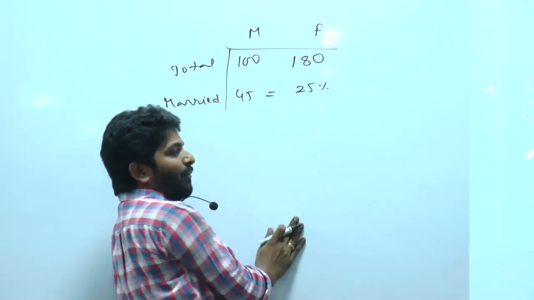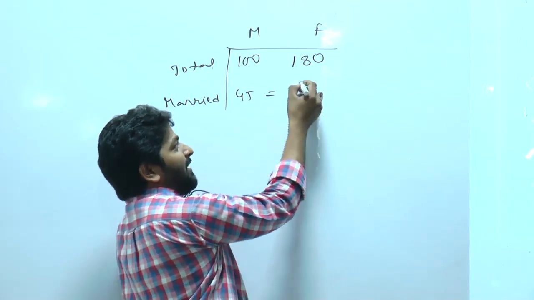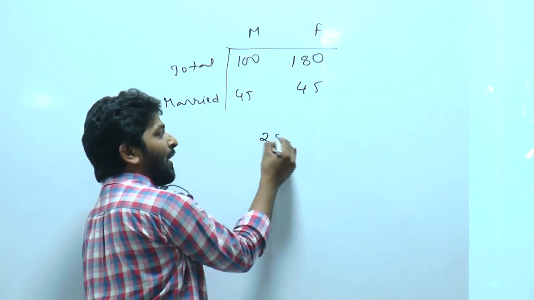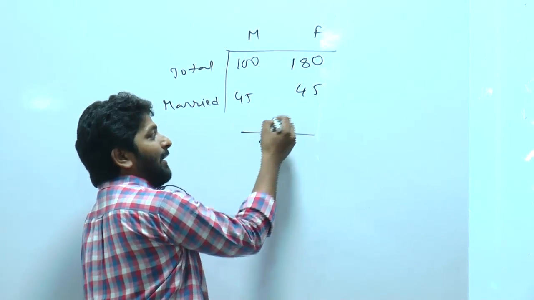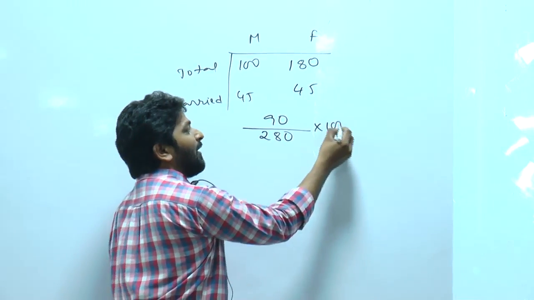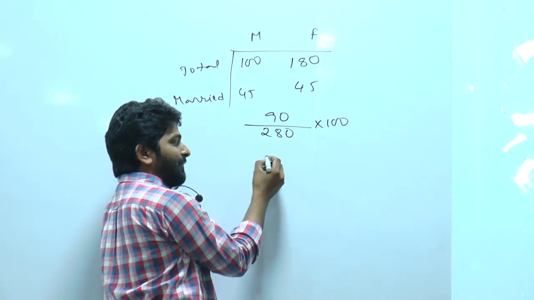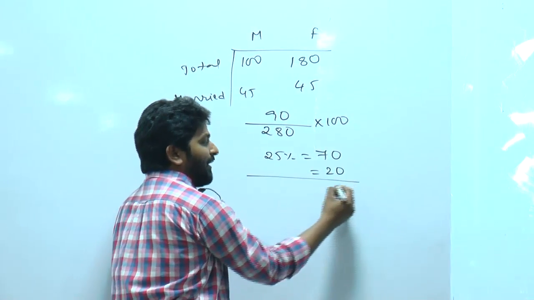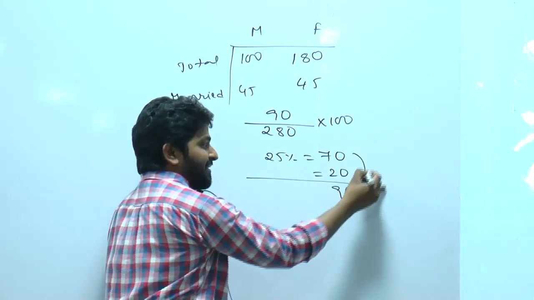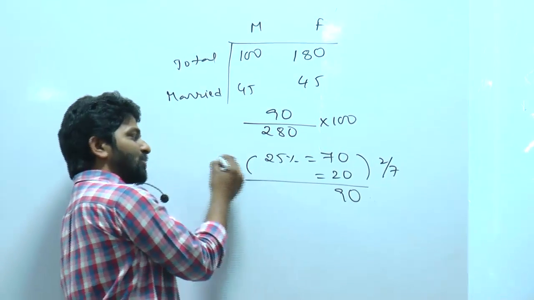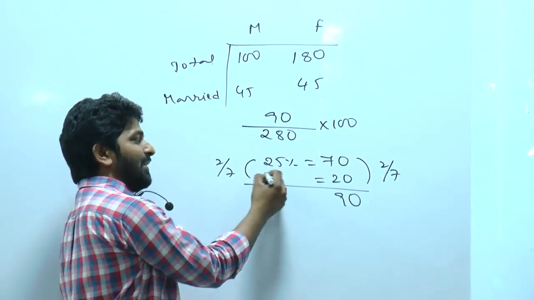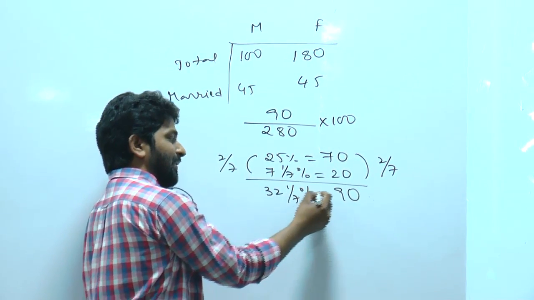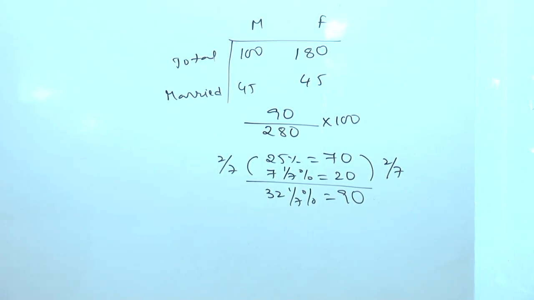So total female are 180. Out of 180, 25% is 45. Total population is 280. Married people are 90 into 100. 25% of this number is equal to 70. To this number you need to add 20 so that it becomes 90, which is 2/7 of this number. 2/7 of this number, 50 by 7, 7 1 by 7%, 32 1 by 7% is 90.